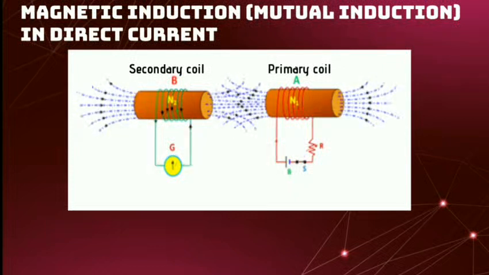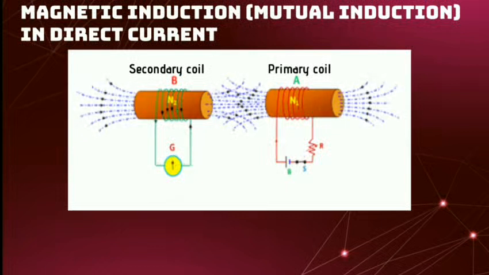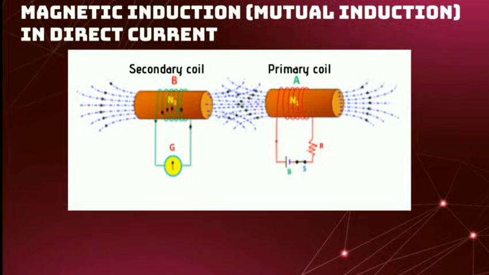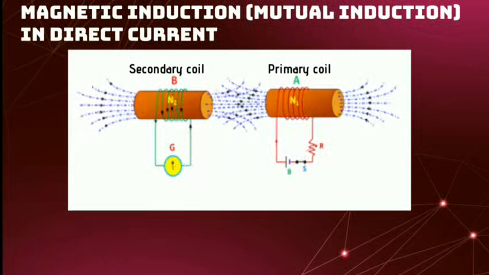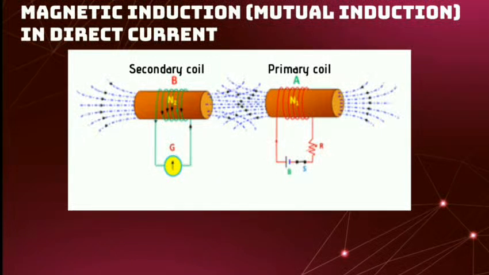As the current in the first coil changes, the magnetic field associated with it also changes. Hence, we say that the magnetic field lines around the secondary coil also change. And this causes the induced current in the secondary coil.